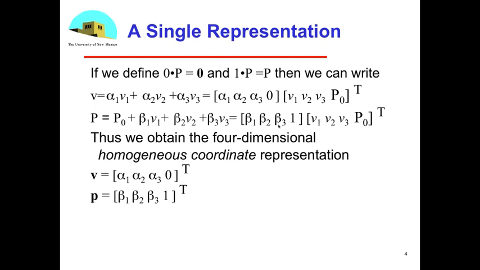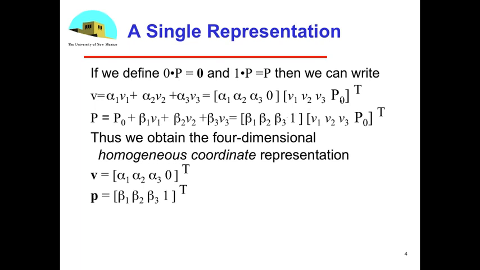Beta 1 v1 plus beta 2 v2 plus beta 3 v3 plus now this 1 I put here times p0, but we agreed that 1 times a point is a point. So this comes out to be p0 plus beta 1 v1 plus beta 2 v2 plus beta 3 v3, which is precisely our way of representing a point. So if we worry now only about the representation, because both of these, this vector and this point, are in the same frame.